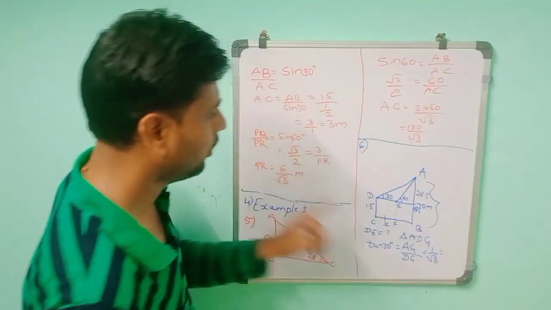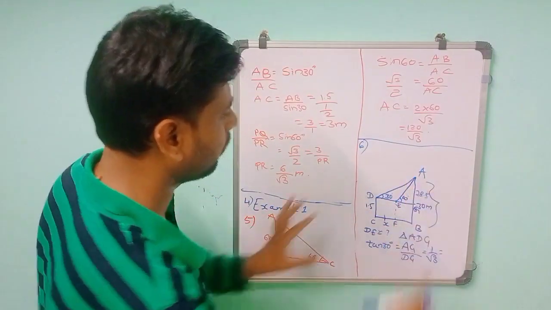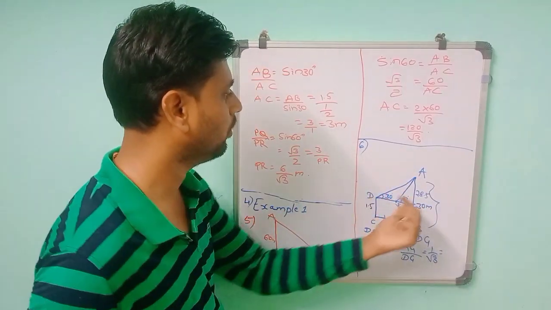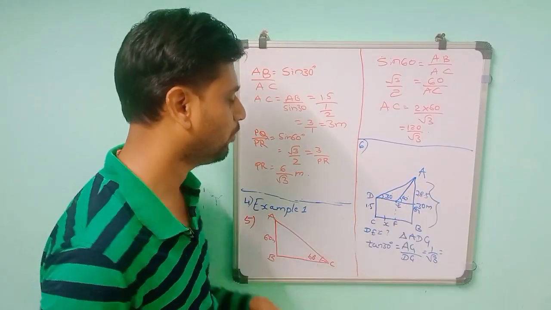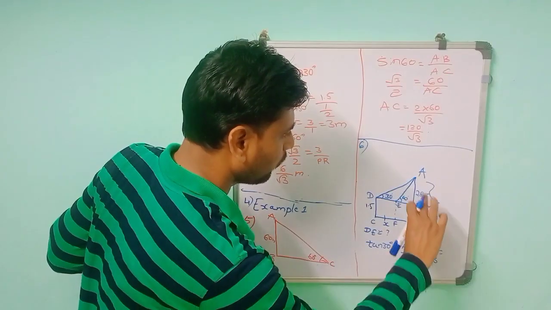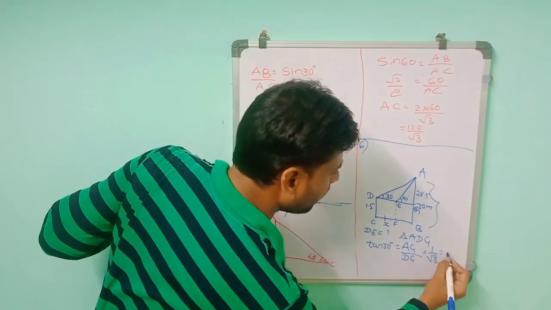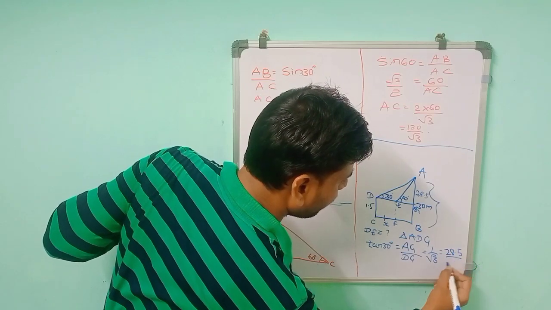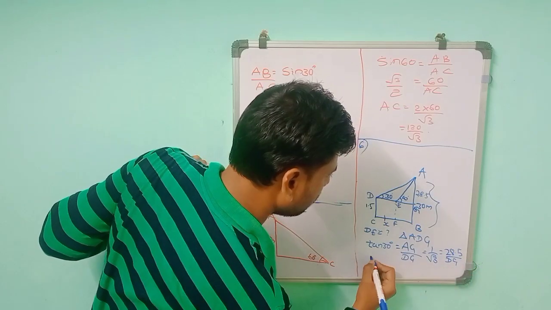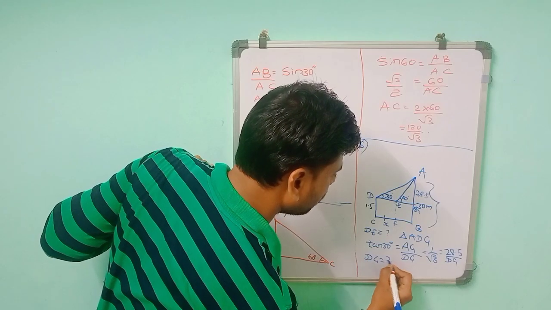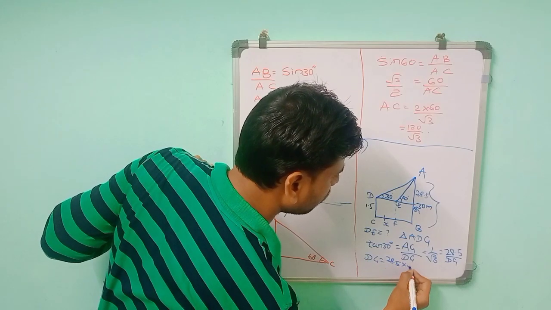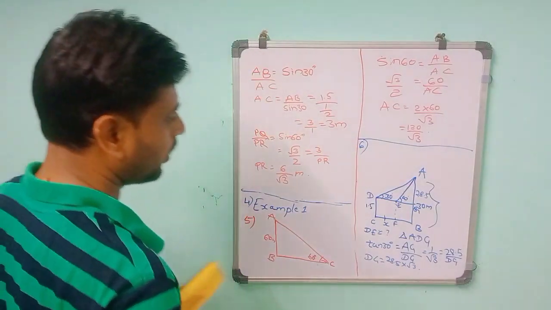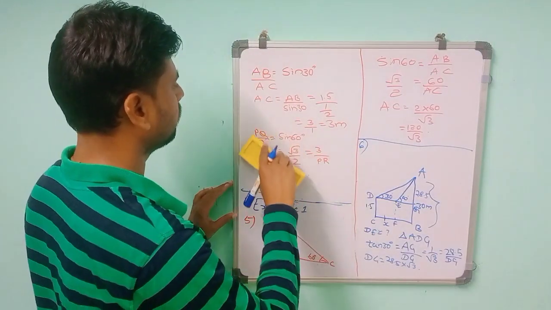So AZ will be 28.5, because the height of the tall building is 30 and the 1.5 meter is where he is standing. 1.5 plus 28.5 is 30 meter. So 1 by root 3 is equal to 28.5 divided by DZ. So DZ will be 28.5 into root 3.